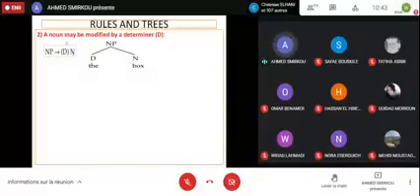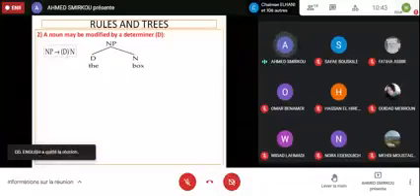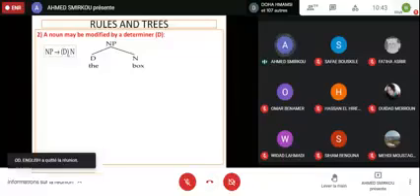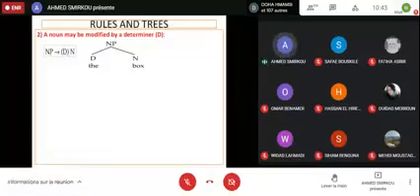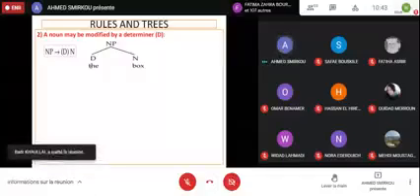So determiner is between parentheses because it's optional. Why? Because as we said earlier, in a noun phrase, you may find only the noun, only box alone. So the noun phrase may consist of the noun alone.